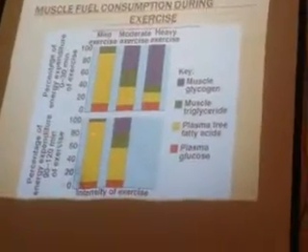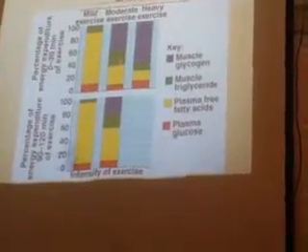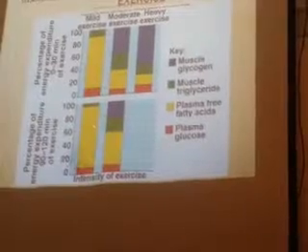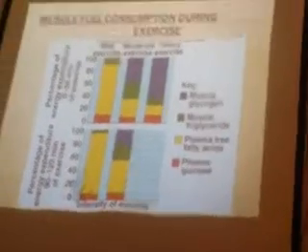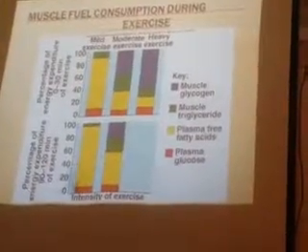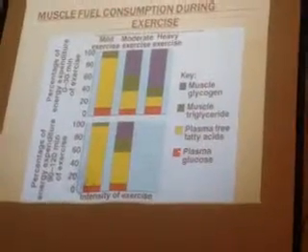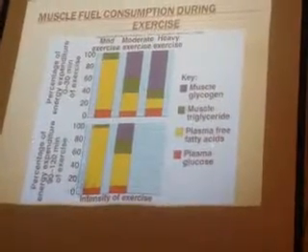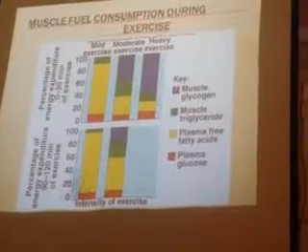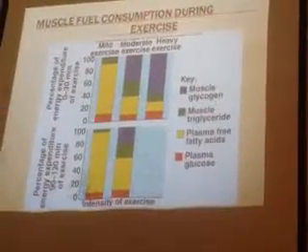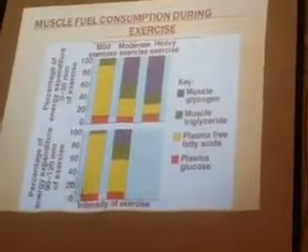For 90 to 120 minutes, which means 1.5 to 2 hours, in mild and moderate exercise the major contribution is plasma free fatty acid, with some contribution by muscle glycogen and plasma glucose in both cases.